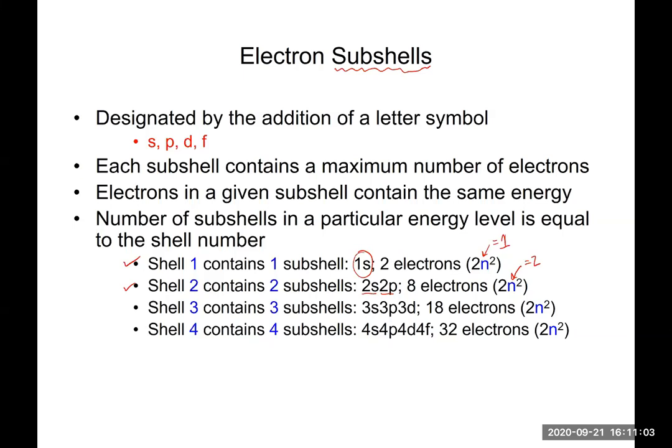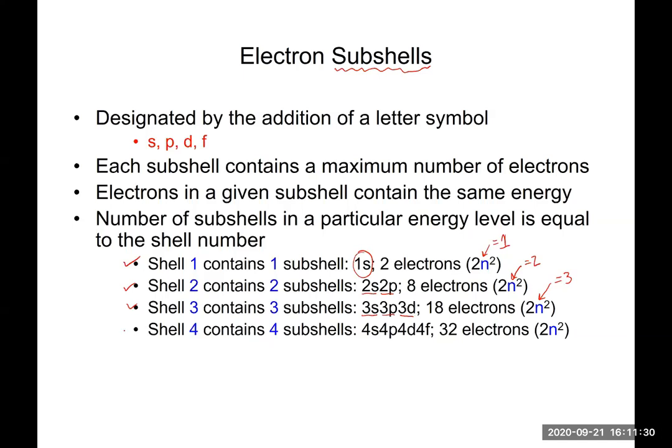Shell 3 contains 3 subshells. Here's one of the subshells, it's 3s. Another subshell is 3p. And the third subshell is 3d. We're talking about plugging in 3 for n. 3 squared is 9, and 2 times 9 is 18. So that gives us a total of 18 electrons.